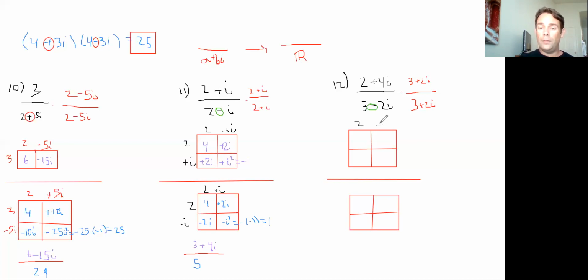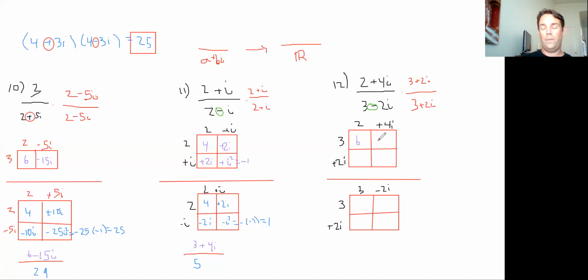2 plus 4i, 3 plus 2i, we have 3 minus 2i, we have 3 plus 2i, and we're going to plug in all our numbers here.